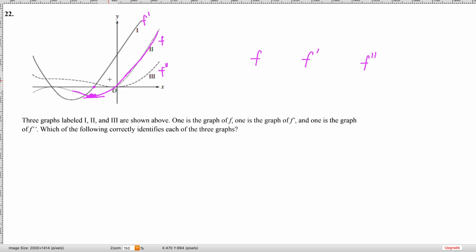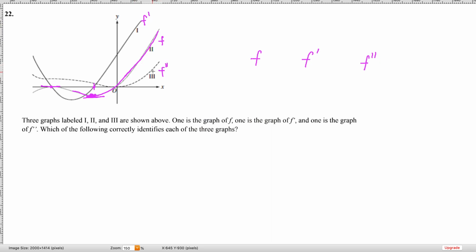That means f prime needs to be 0 at this value. So it makes sense that if this is f, this might be f prime, because it's 0 where the slope of the tangent line is 0. And it's also 0 here, so the slope of the tangent line is 0 here, and that also makes sense. So it makes sense to say that this one's f and maybe this one's f prime.